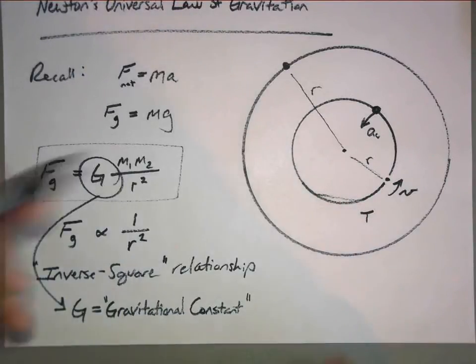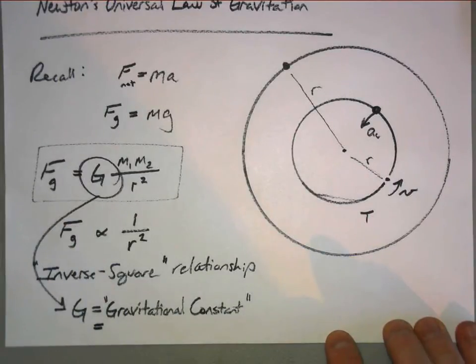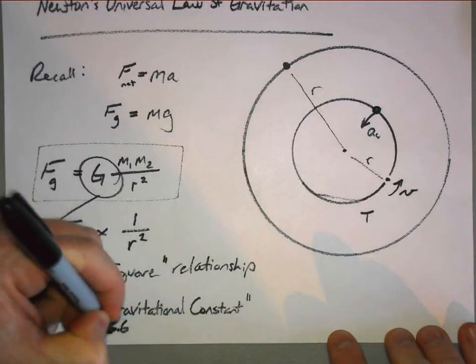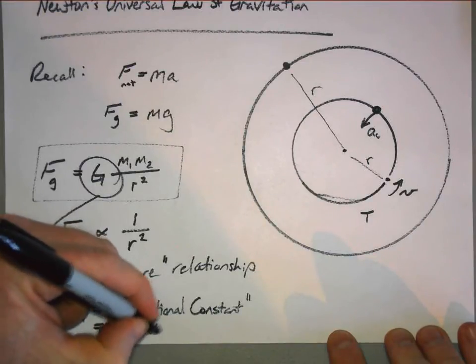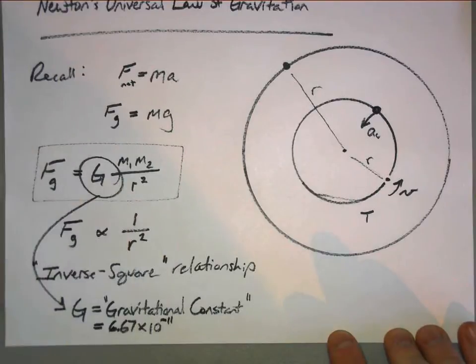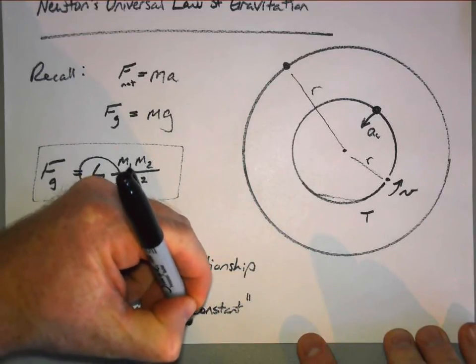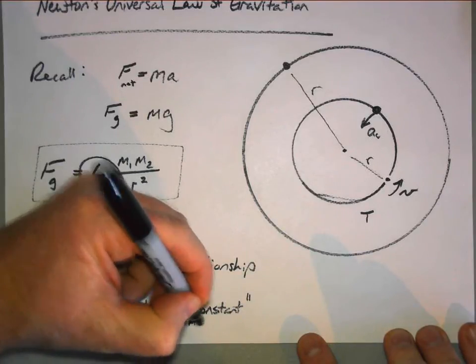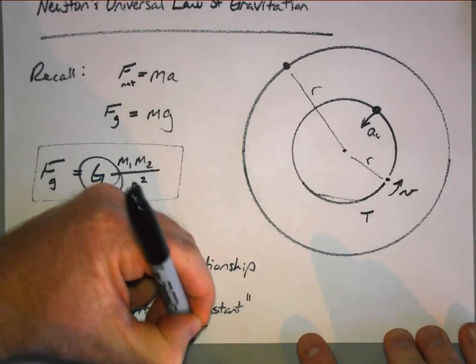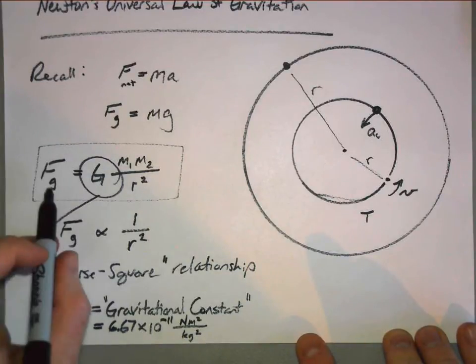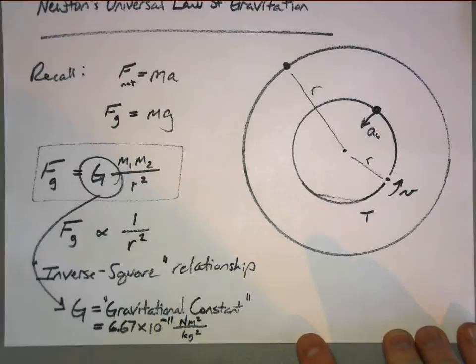And G has a value that will always be the same anywhere in the universe. 6.67 times 10 to the negative 11 is the value. And the units here will look a little odd, a little complicated. It's Newton times meter squared divided by kilograms squared. So that is G. And so we have to use this value in this equation whenever we have to do this.